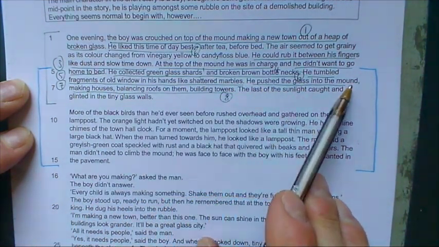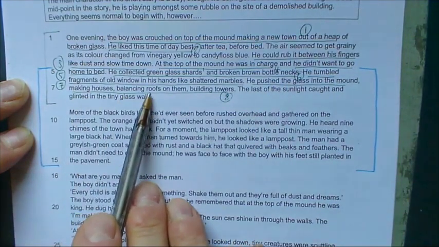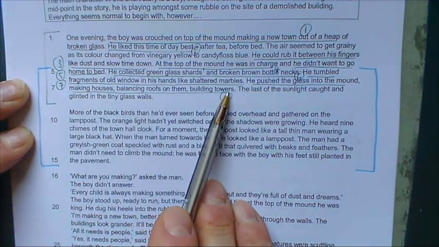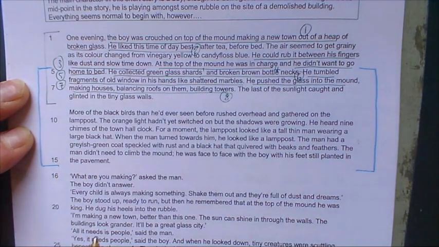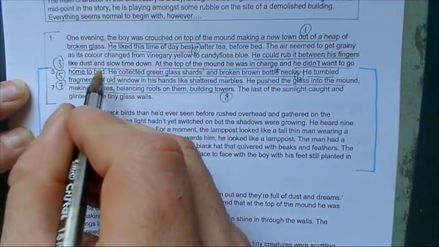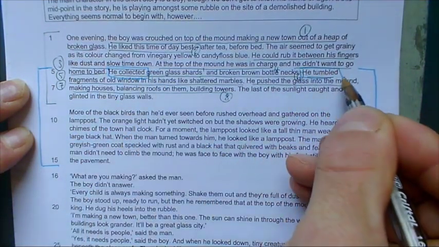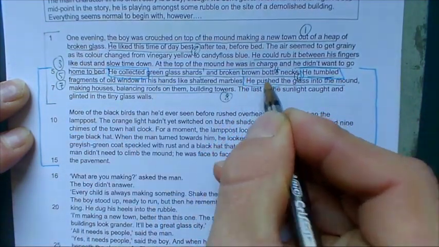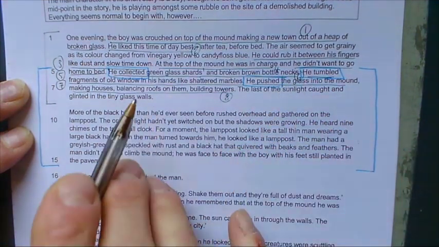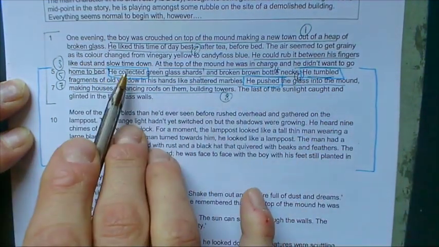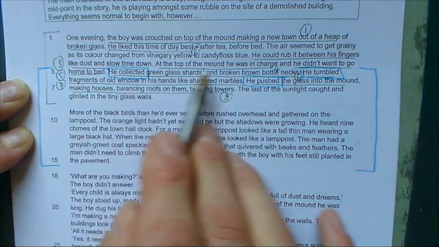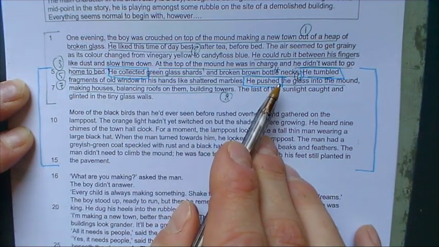He pushed the glass into the mound, making houses, balancing roofs on them, building towers. If you look at these three sentences, they've all got a similar opening here. We've got he collected, he tumbled, he pushed. And that repetition to me seems to be significant. So I've identified those three as something that I can talk about.